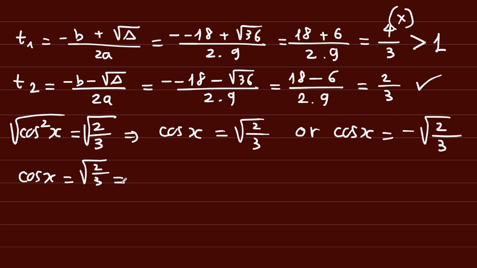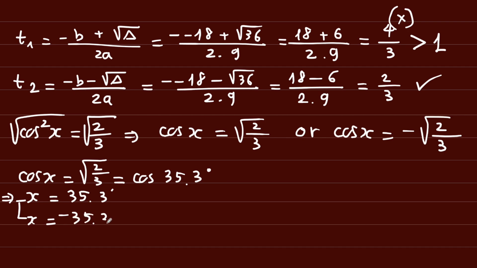And this one will be the cos of 35.3 degrees. And the general solution is quite easy. The first one is positive and the second one is the negative, the opposite solution, plus 360 degrees multiplied by n.